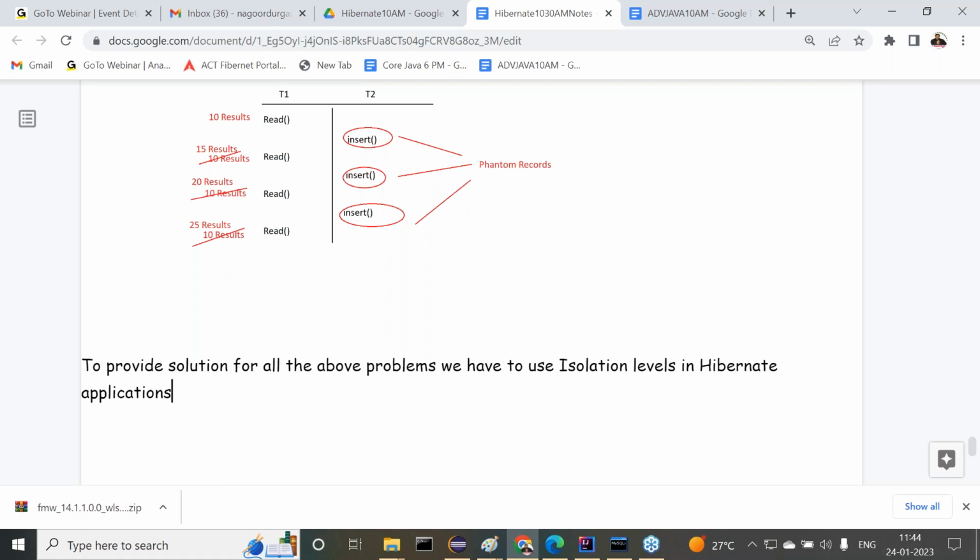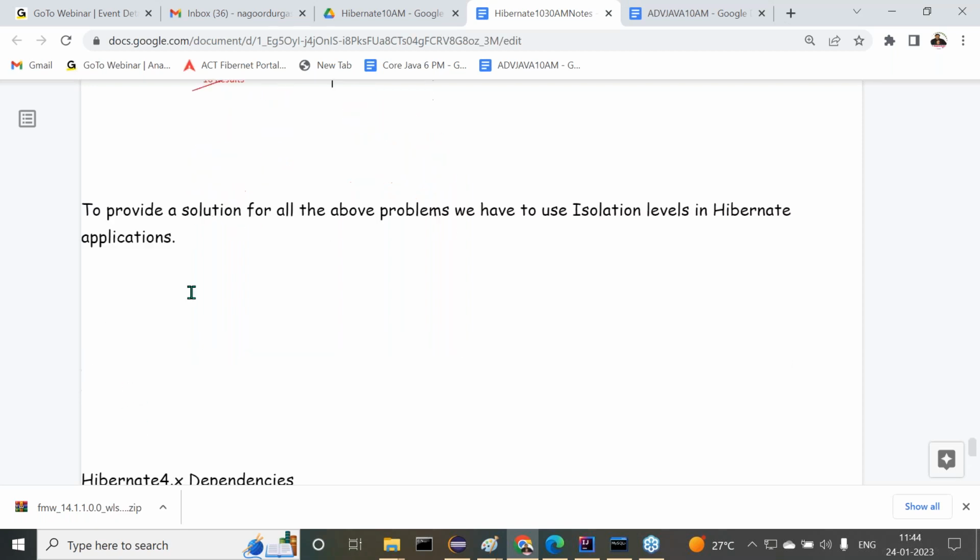Hibernate has provided the following isolation levels. What are the various isolation levels provided by Hibernate?